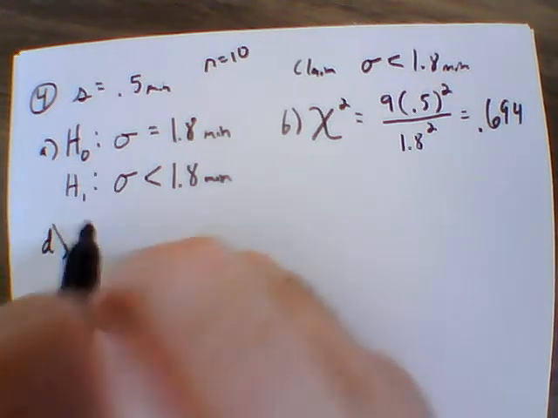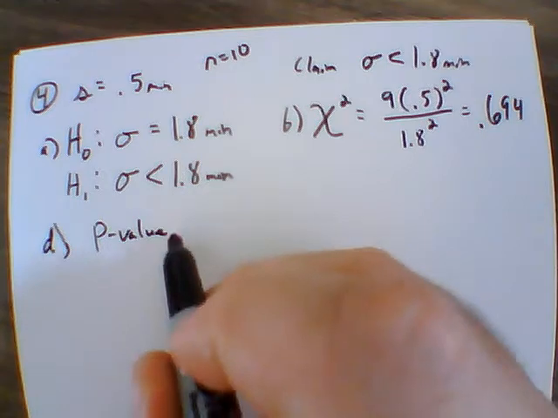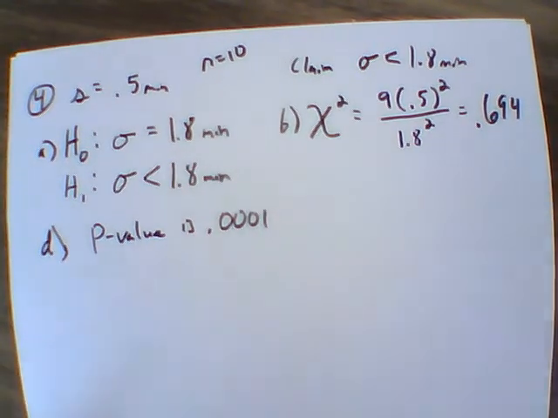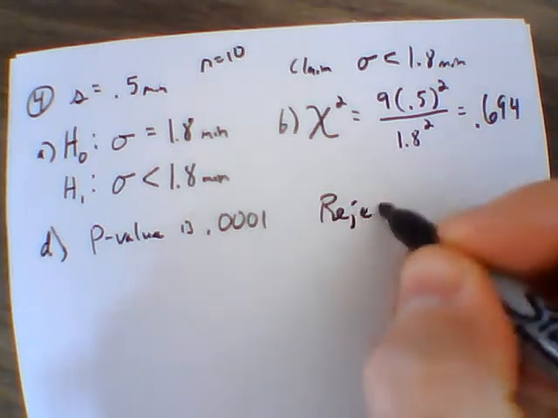On part D, they say that the p-value is 0.0001. If we consider this p-value that was given to us, we would then have to reject the null hypothesis.